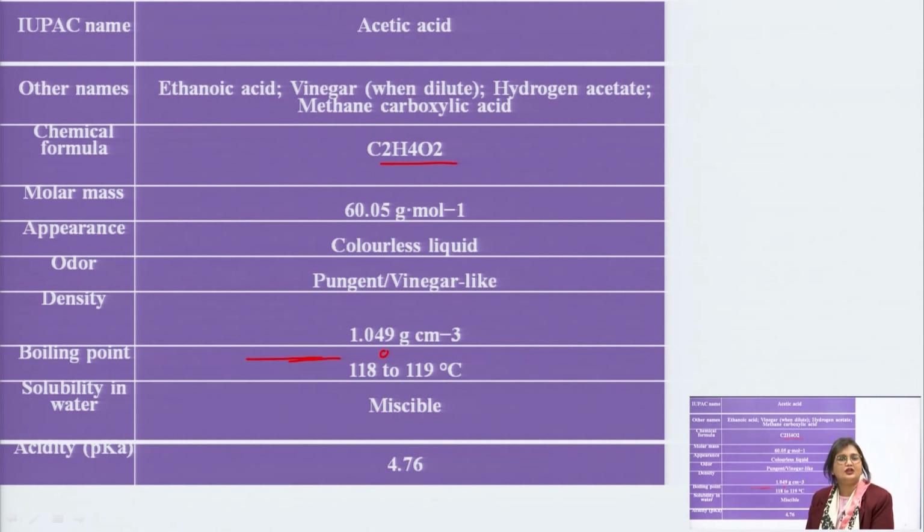So, with the help of this table, you can see that we have described various properties of acetic acid, starting from the IUPAC name to common names. We have also looked into the chemical formula, molar mass, appearance, odor or the physical properties, density, boiling point, solubility and acidity of acetic acid.